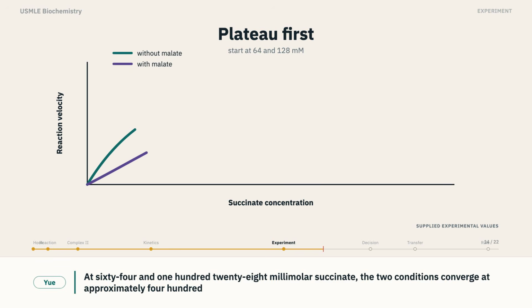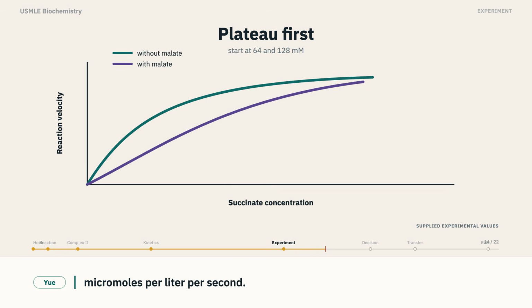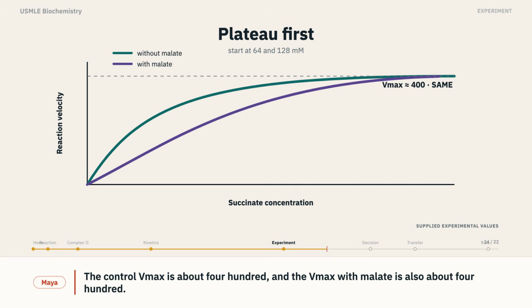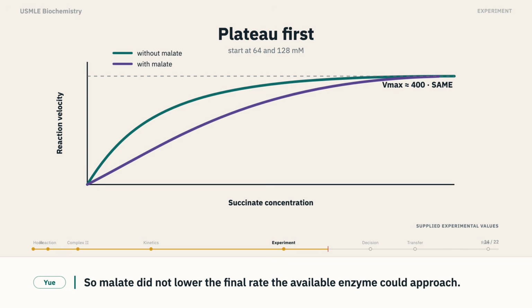At 64 and 128 millimolar succinate, the two conditions converge at approximately 400 micromoles per liter per second. That shared plateau estimates Vmax. The control Vmax is about 400, and the Vmax with malate is also about 400. So, malate did not lower the final rate the available enzyme could approach.